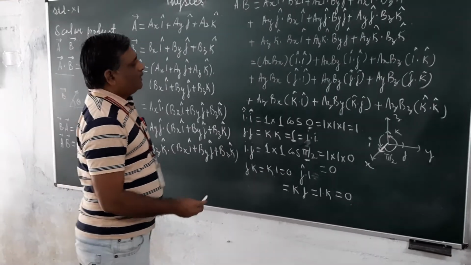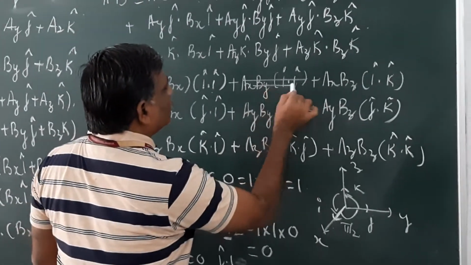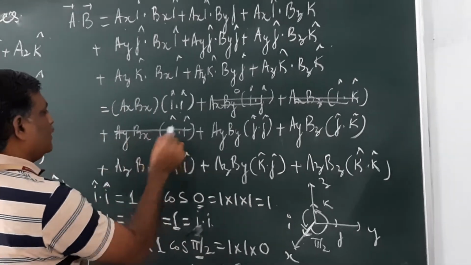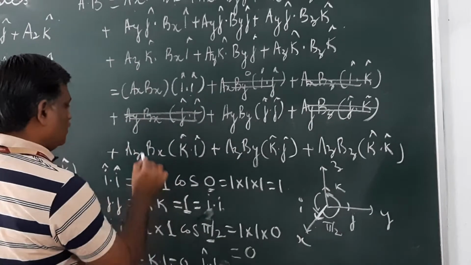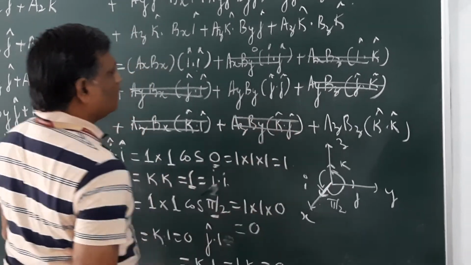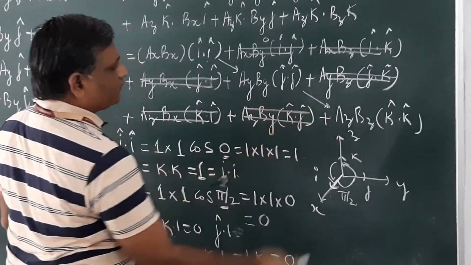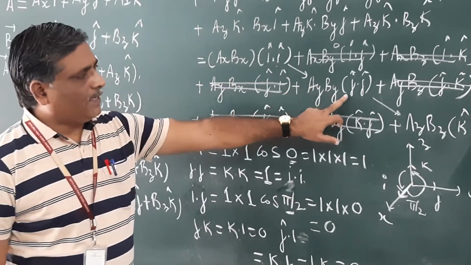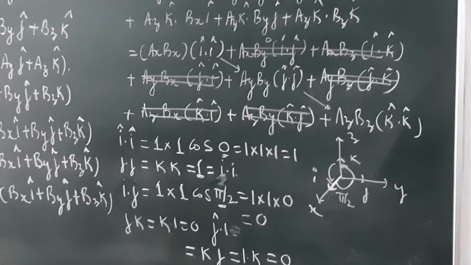If you see all these terms, this is 0, this is 0, this is 0, this is 0, this is 0, this is 0. Finally, only these three terms will remain, where I dot I, J dot J, and K dot K are equal to 1.